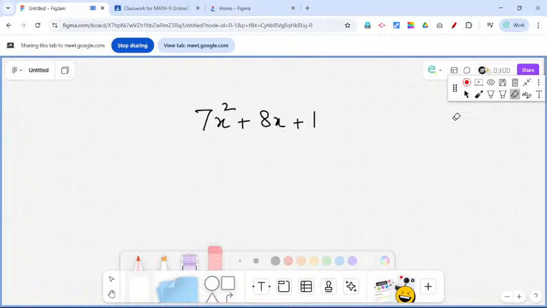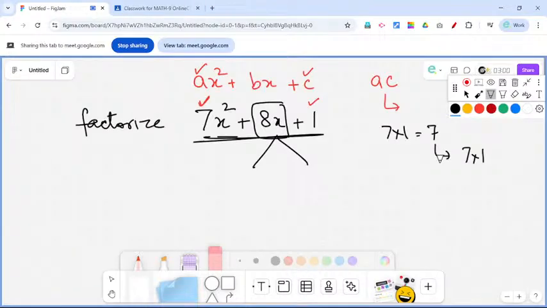So here a is 7, c is 1, 7 into 1 is 7. Now I'll find the factors of 7. 7 is already a prime number, so it has only one pair of factors, 7 multiplied by 1.